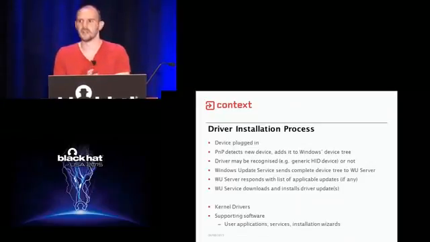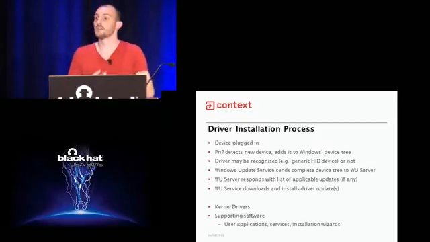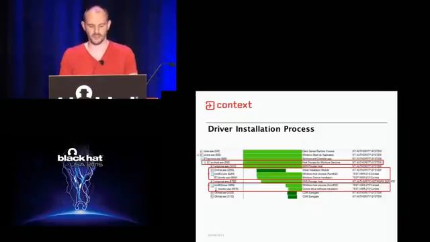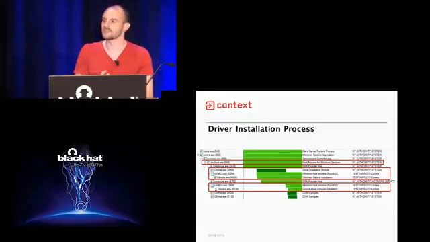As alluded to earlier, these driver packages include other things than just drivers. You'll get user applications, support applications, a number of Windows services, installation wizards, and other such software along with your required kernel driver.